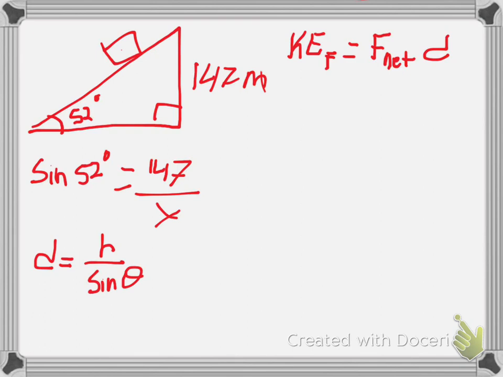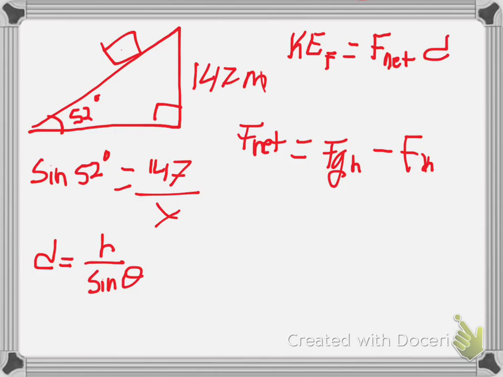Then, in order to find our net force, we only want the net force that is contributing to the displacement, which is the component along the slope. So force net is going to be equal to the force of gravity component in that direction minus the force of kinetic friction opposing it.